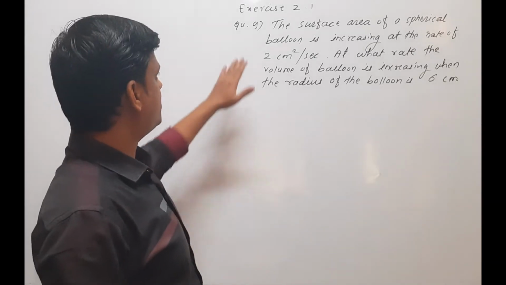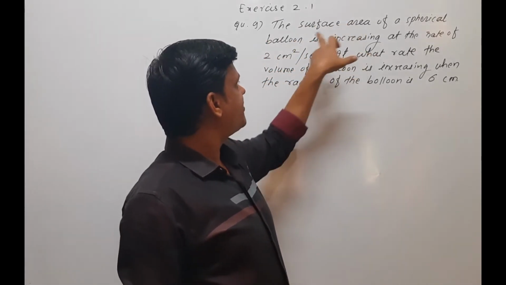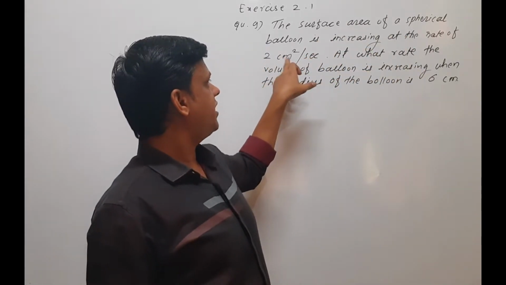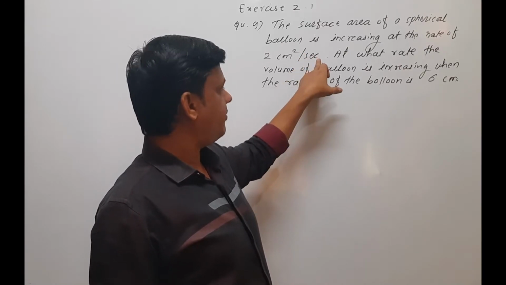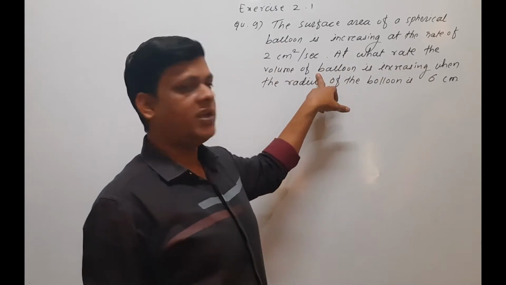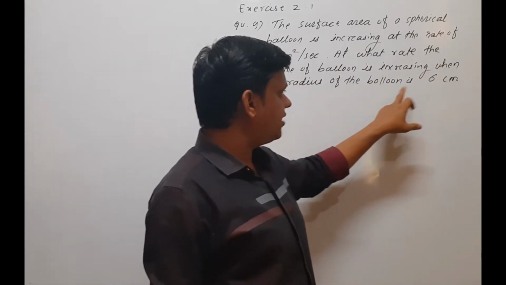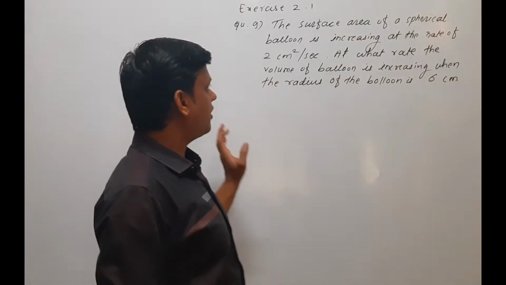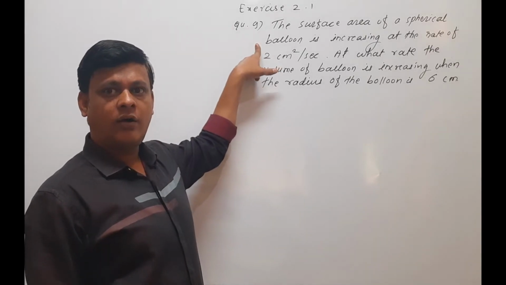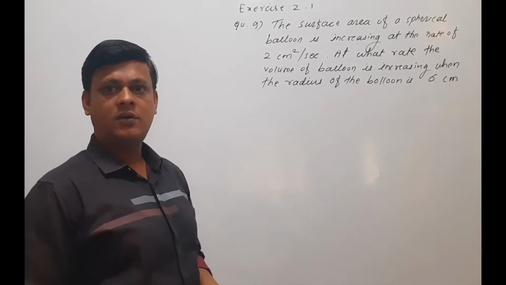Now see next question, question number 9. The surface area of a spherical balloon is increasing at the rate of 2 centimeter square per second. At what rate is the volume of balloon increasing when the radius of the balloon is 6 centimeter? Here we know the surface area of sphere and we know the volume of sphere.